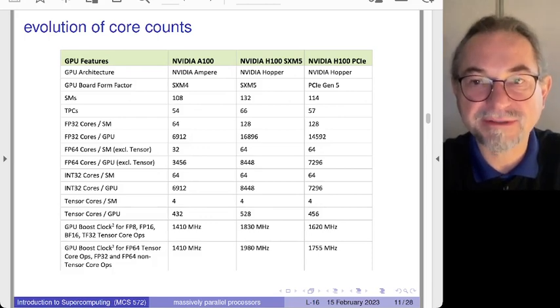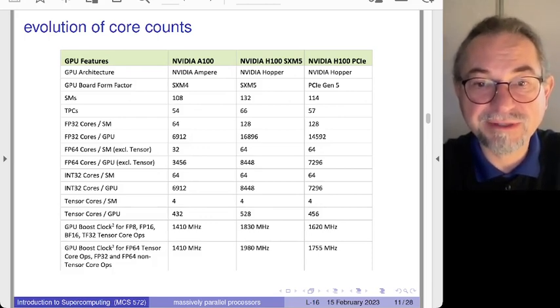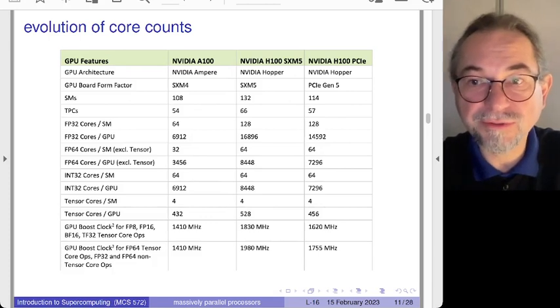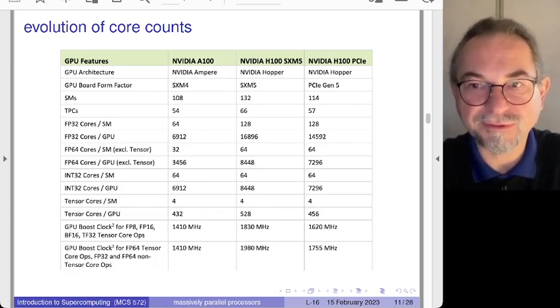And also the parallelism, as we will get to, needs to be really massive. So you have 7,000 cores available to you, and the number of threads that you will have to keep busy is actually a multiple of that. So it's good to keep that in mind. This is massive parallelism. So you really have a supercomputer on your desk here.